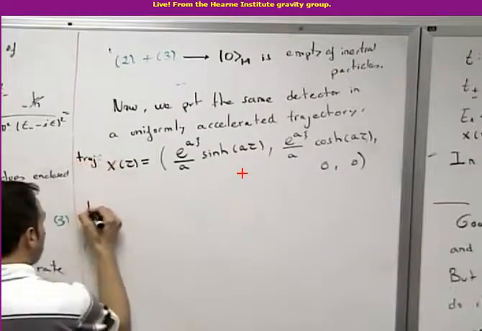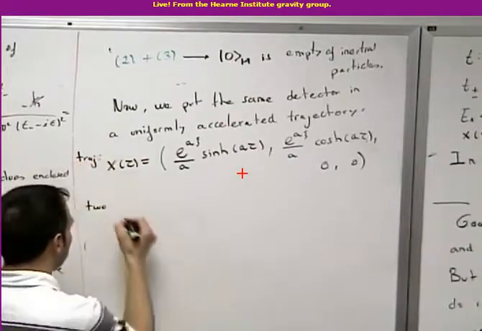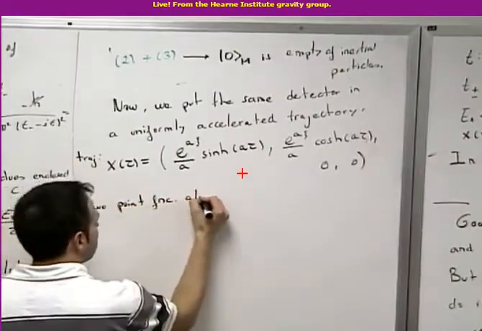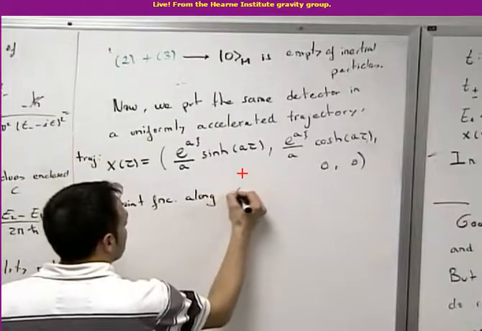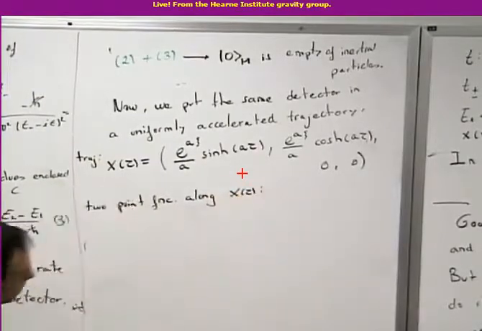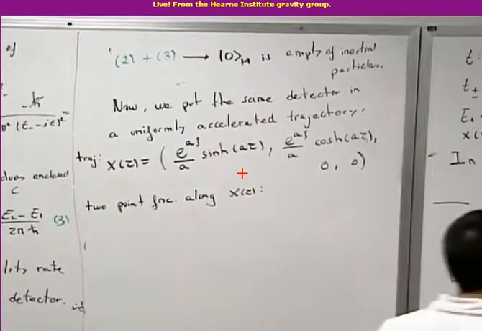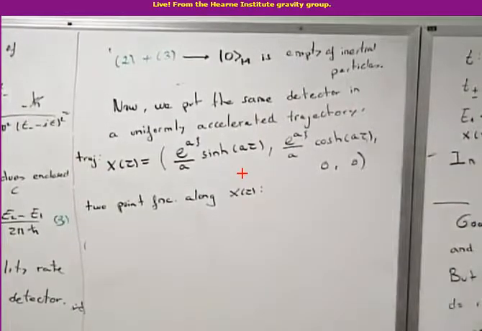I also need the 2-point function along the trajectory to do the computation. So all I have to do now is to take the generic 2-point function of the Minkowski spacetime and write here t of tau.